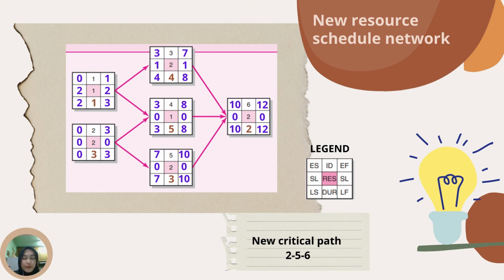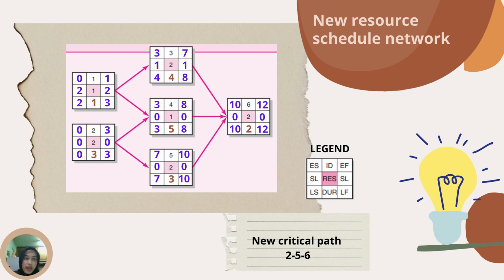And then we will proceed with the new resource schedule network, where the start points are ID1 and also ID2. The duration of ID1 is 1 and the duration of ID2 is 3. After ID1 has been completely finished, we will proceed to ID3 and ID4. But ID4 will start after ID2 has also finished.